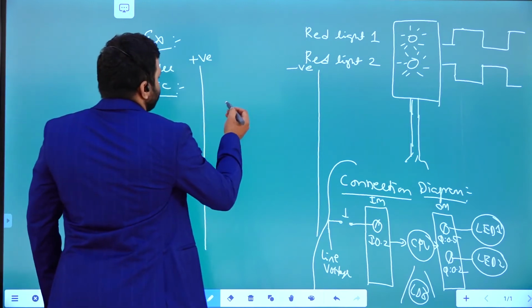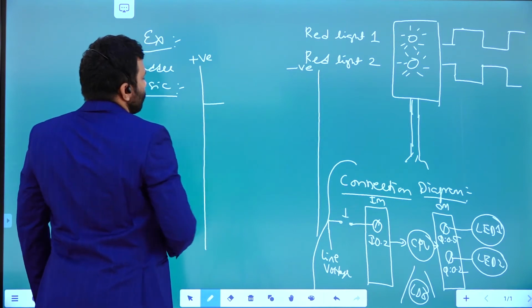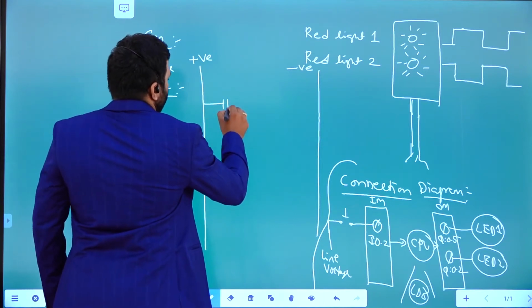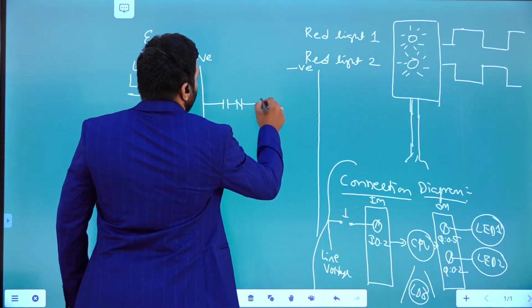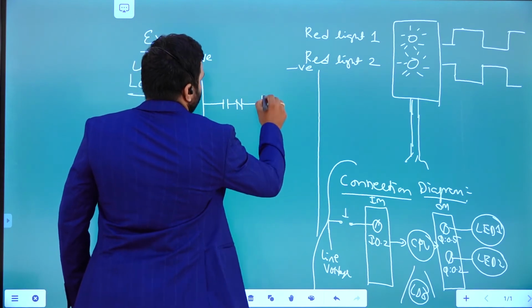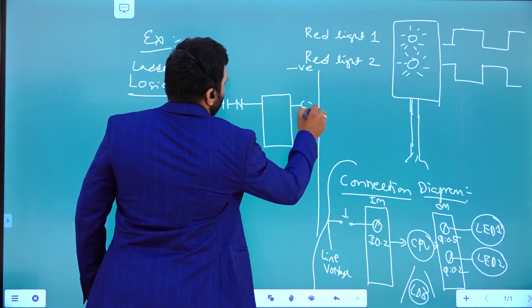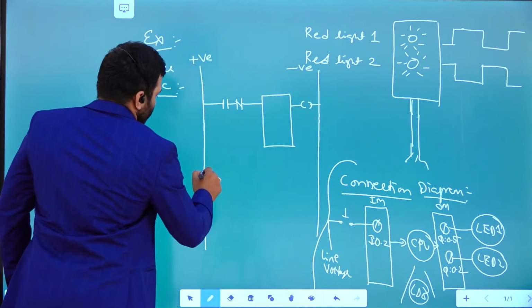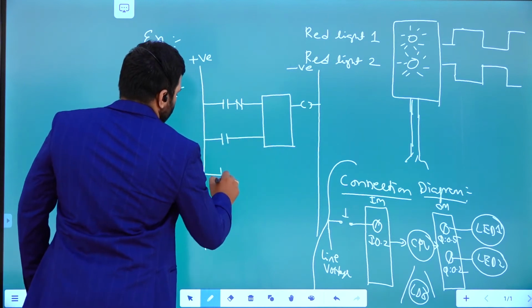Here, whenever this input is on, this output is given an input signal.